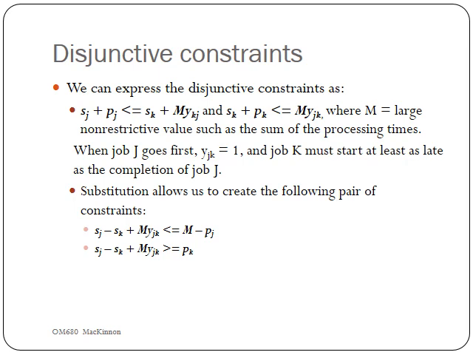And S of K plus P of K less than or equal to M times Y of JK, where M is some large non-restrictive value such as the sum of the processing times. So when job J goes first, Y of JK equals 1, and job K must start at least as late as the completion of job J.